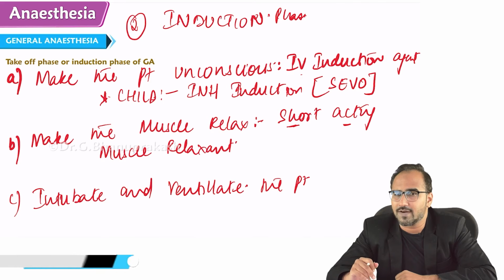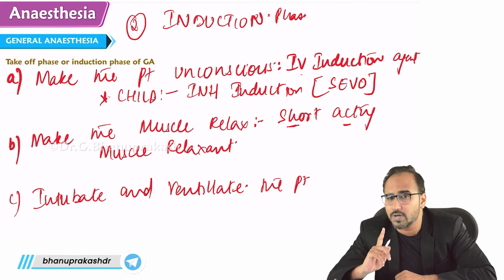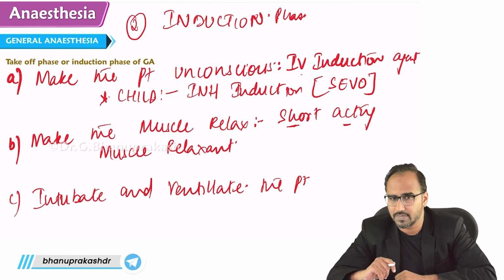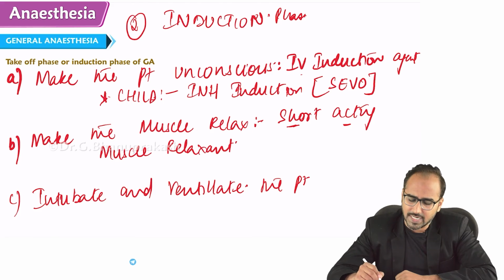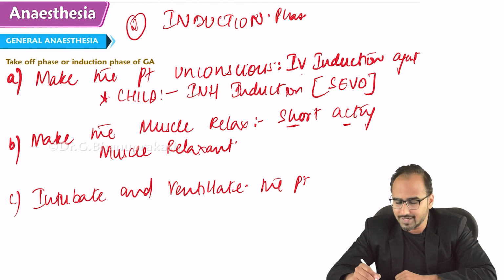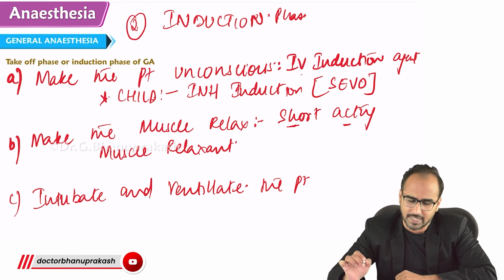If you don't intubate after giving a long-acting one, you will basically be committing a crime. So you give a short-acting muscle relaxant and then you intubate and ventilate the patient.